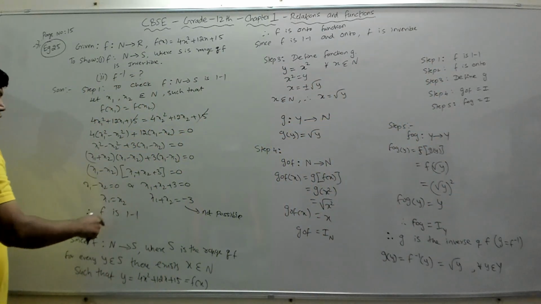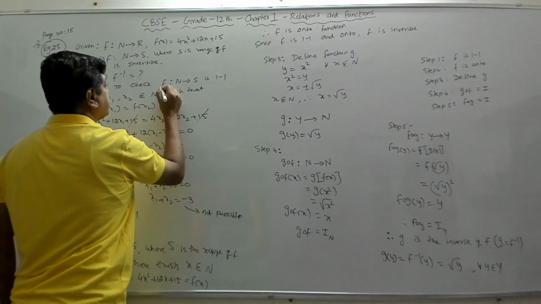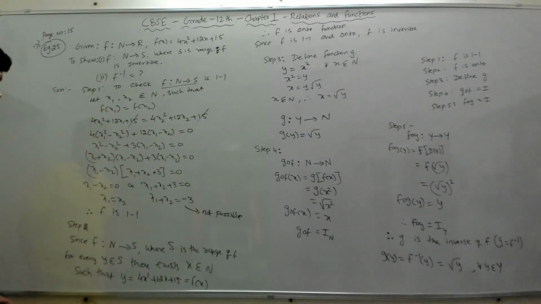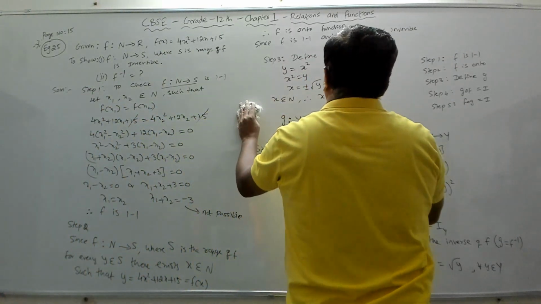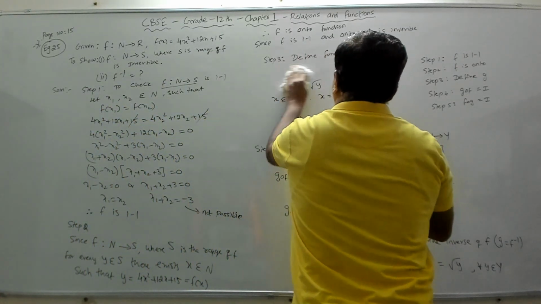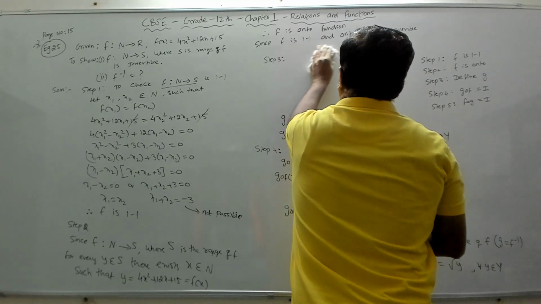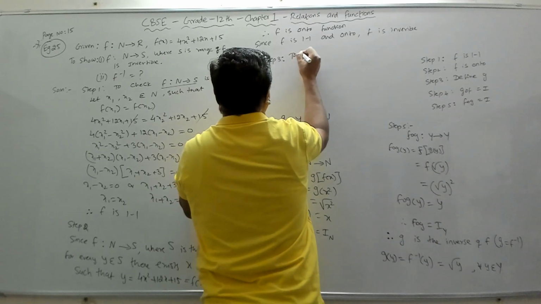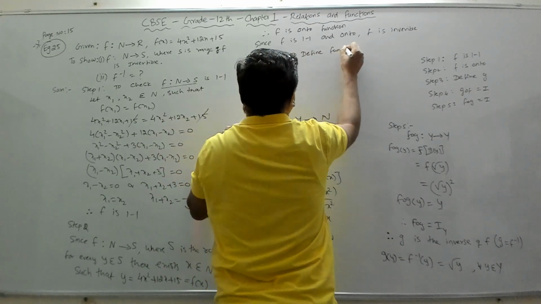Here this f we are talking about is this f. Now step 3. We have to define the function g.